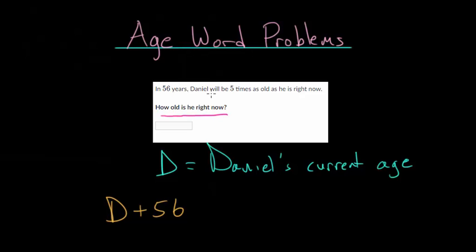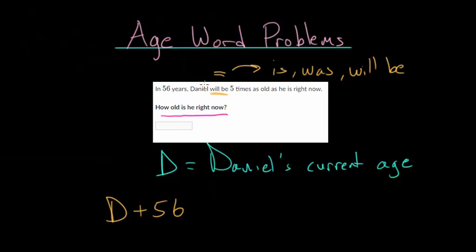Notice we have "will be." You might also see it as "was" or "is," depending on the context of the question, but it's the verb to be. And when you see that, that is your equal sign. Usually in word problems, when you see the word is or was or will be, that's how you know you're looking at the equal sign in your equation.